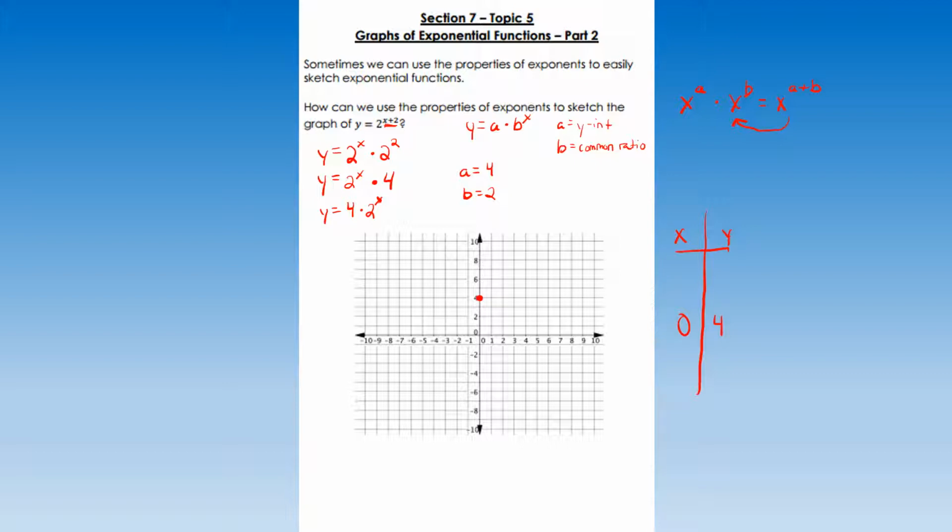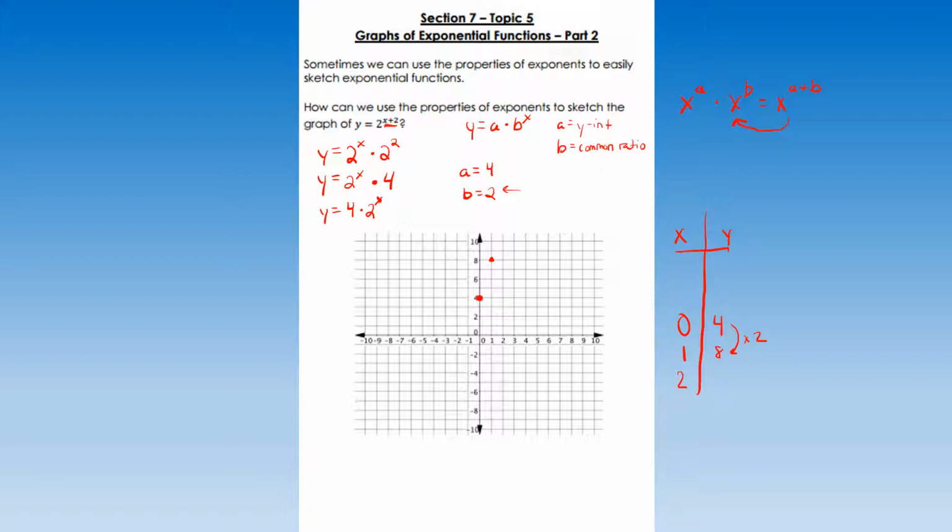The common ratio tells me how the y value is changing compared to x. So it tells me that the next term should be 2 times the first term. So if I had 4, the next term is going to be 4 times 2, which is 8. So for x is 1, I'm going to go up to 8 and put a point.